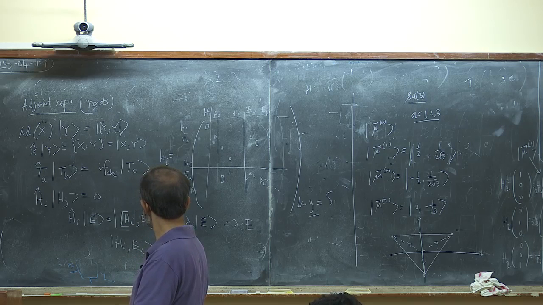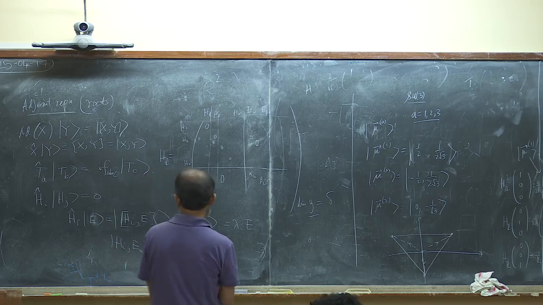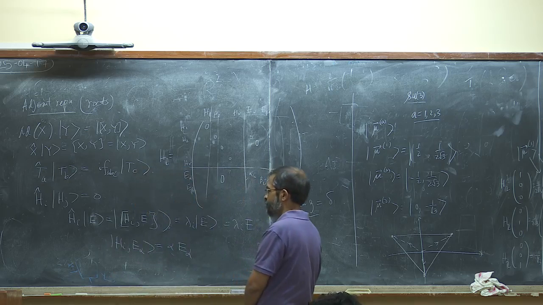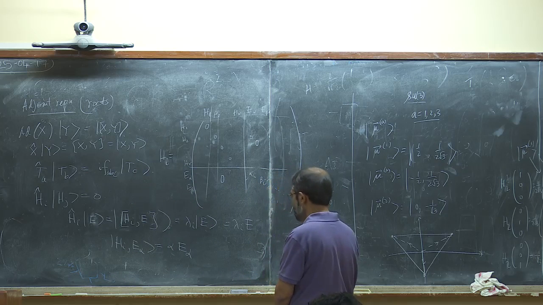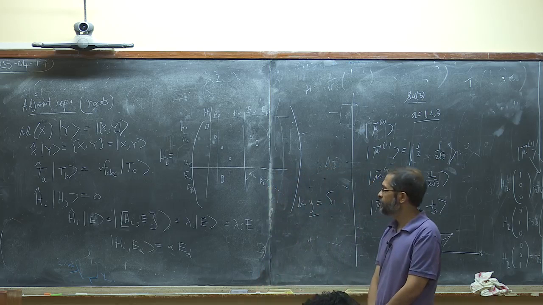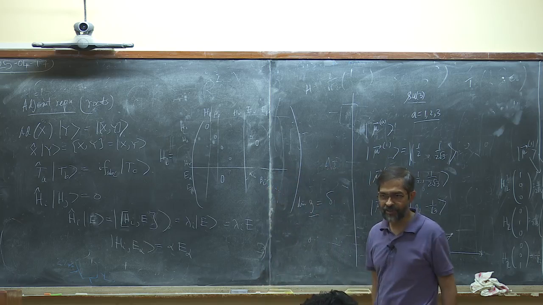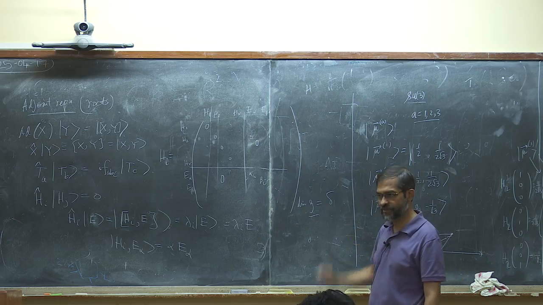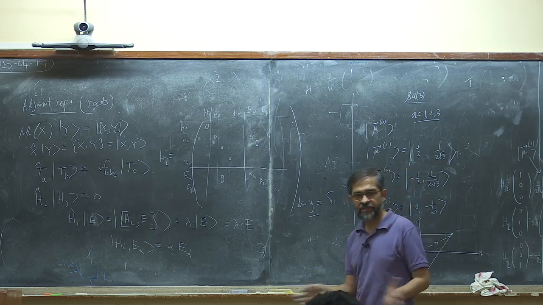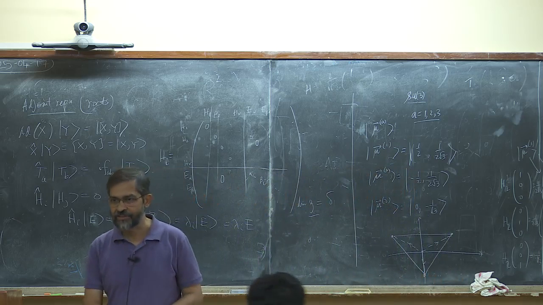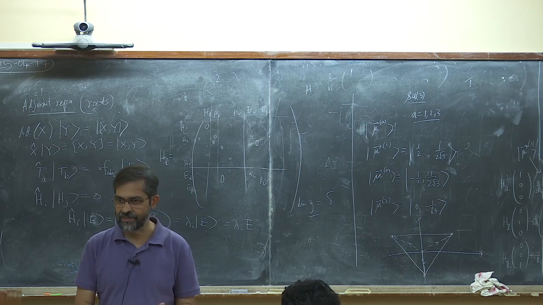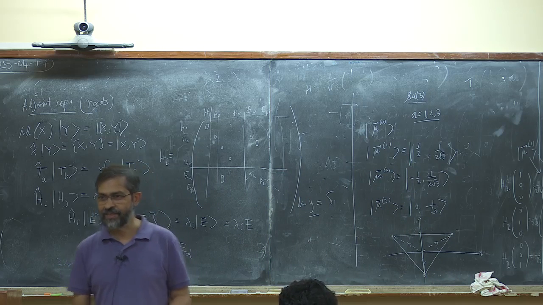That part uses the fact that the H's are Hermitian. I'm using the completeness of this in the adjoint representation, and of course the adjoint representation is a finite dimensional representation, which can indeed be spanned by the eigenvectors of the H's.